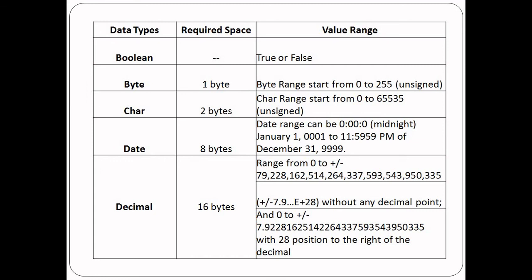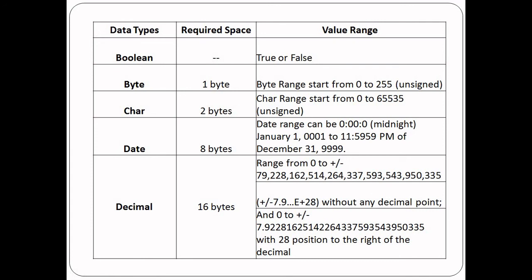We then have date. Date is used to store dates in a formatted pattern. Size of date data type in VB.NET is 8 bytes, and this is the range we have with VB.NET date data type. We can have from midnight of January 1st 0001 till 11:59 p.m. of December 31st 9999.